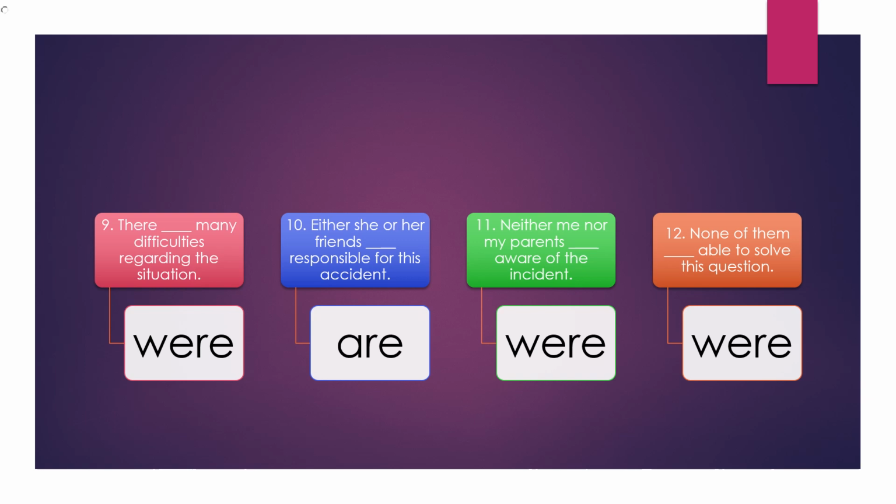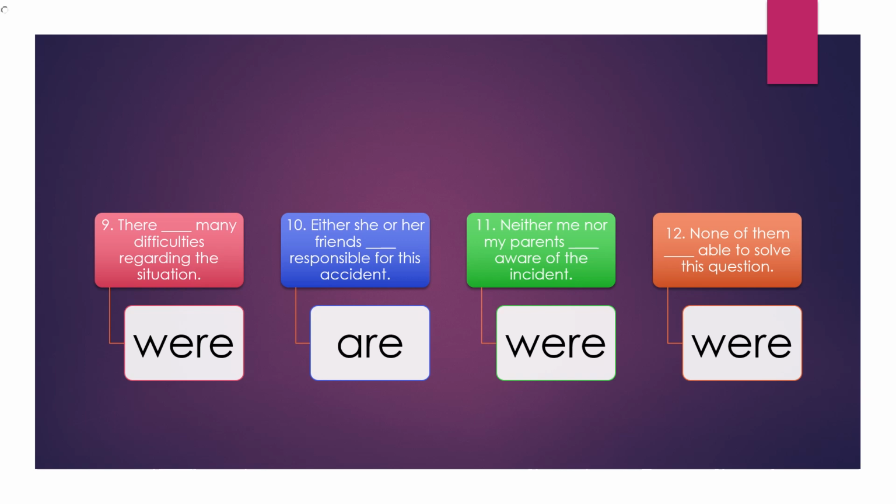Now either and or, the pair is used, we'll have to notice the subject that follows such words. After either we're using she and after or we're using her friends. So this is the first thing for such sentences that you will see: what is the subject used. The first subject is she and the second subject is her friends. Now we need to find out where we have to place the verb.